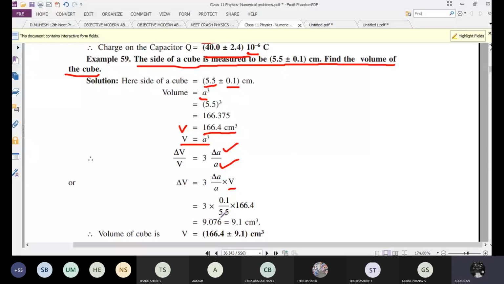So del V value is 9.076 or 9.1 centimeter cube. Now writing the range: true value plus or minus mean absolute error.